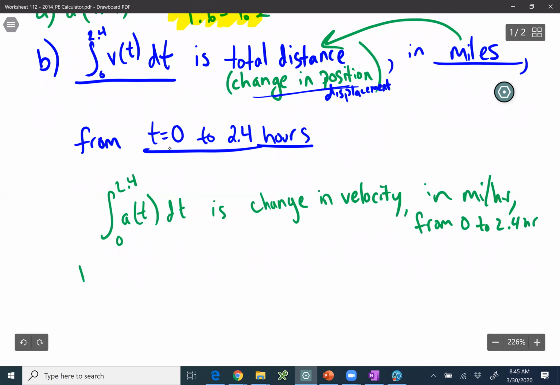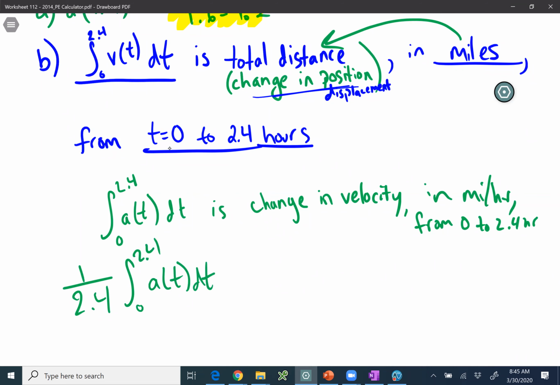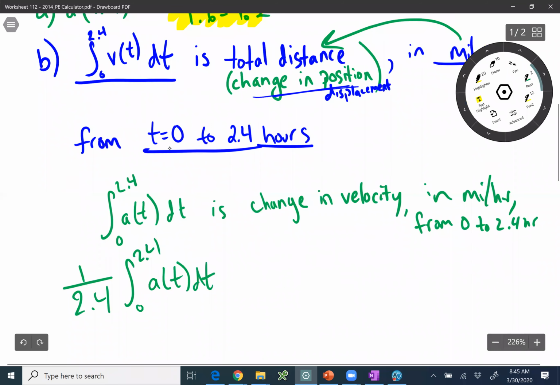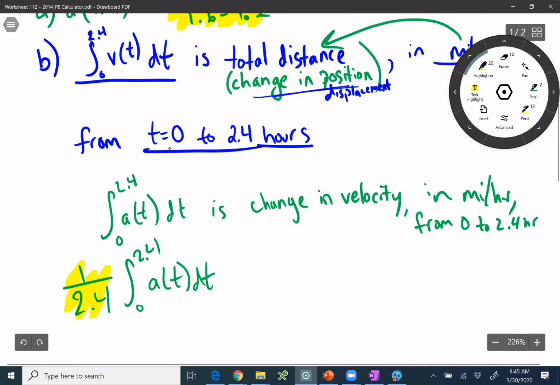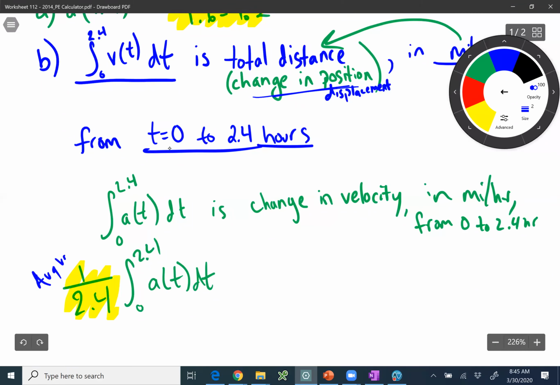They could have also done something like this. This one's even harder. So if they did this, what we notice extra is this 1 over 2.4. So if we got that guy, that is average value.